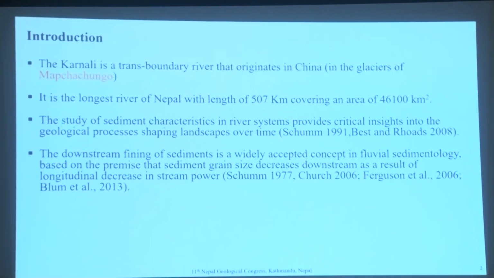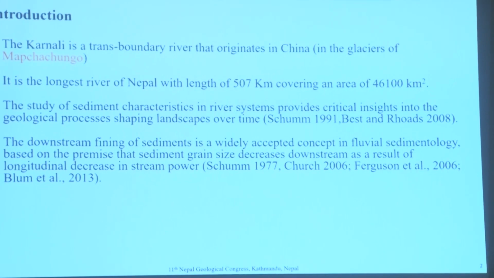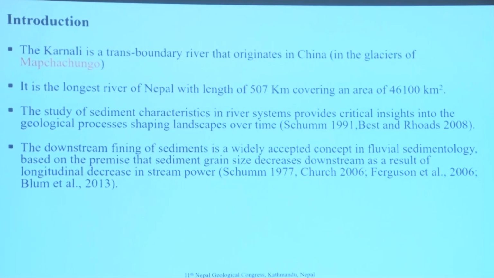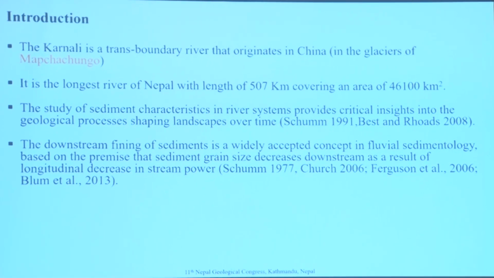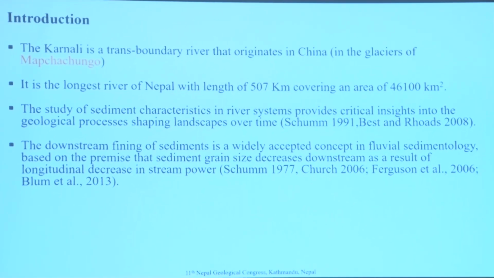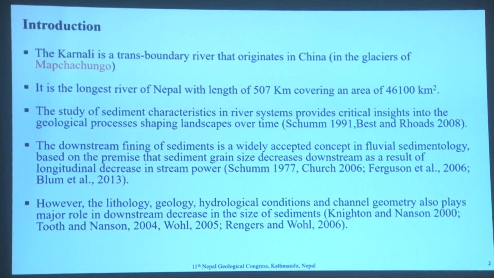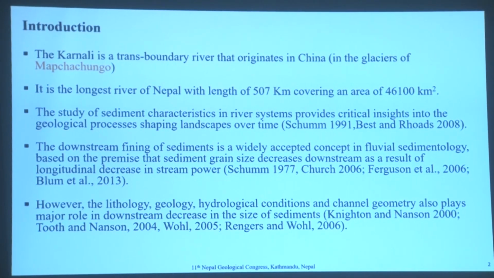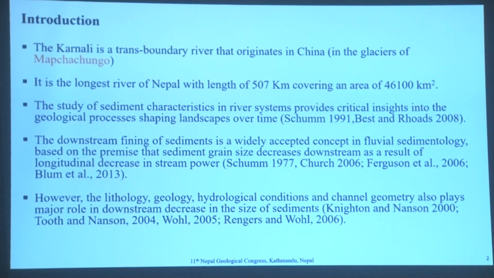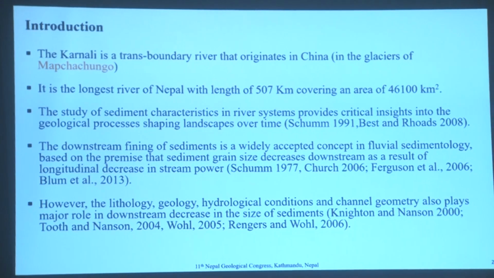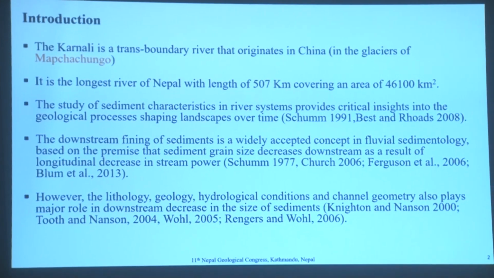The downstream fining of sediments is a widely accepted concept in fluvial sedimentology, based on the premise that sediment grain size decreases downstream as a result of longitudinal decrease in stream power. However, lithology, geology, hydrological condition, and channel geometry also play a major role in the downstream decrease in size of sediments.